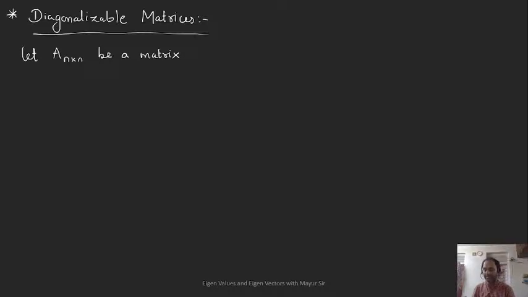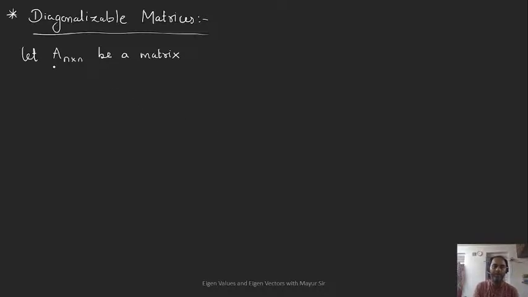A n cross n means that it is a square matrix. So this must not become a problem whenever you read. It is just the precise language of mathematics to say that it is a square matrix. Nobody is going to mention again and again that A is a square matrix, they will just write A n cross n.